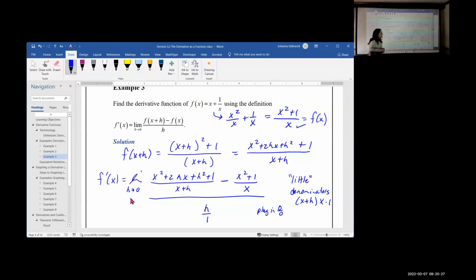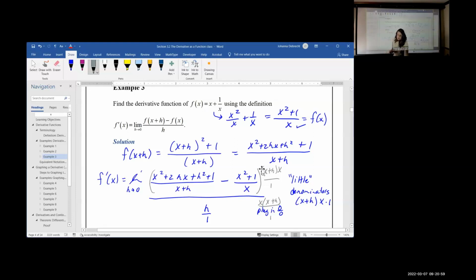So that's what I need for my lowest common denominator: an x plus h group, an x by itself, and then just 1. So I'm going to multiply numerator and denominator by that. I'm going to put the whole thing in parentheses, and I'm going to multiply by x plus h as a group times x. And if the x at the back bothers you, you can put it at the front. It doesn't matter. It's the same thing.